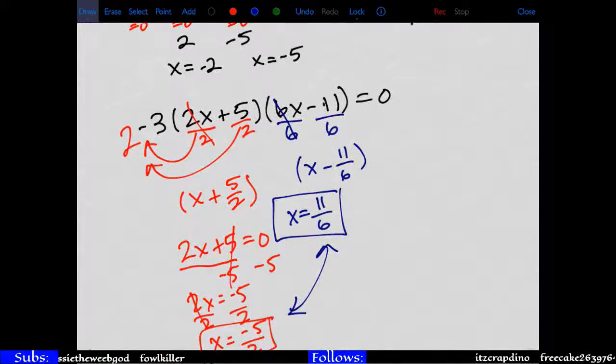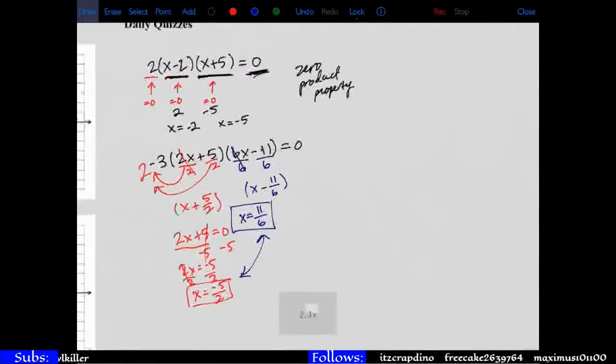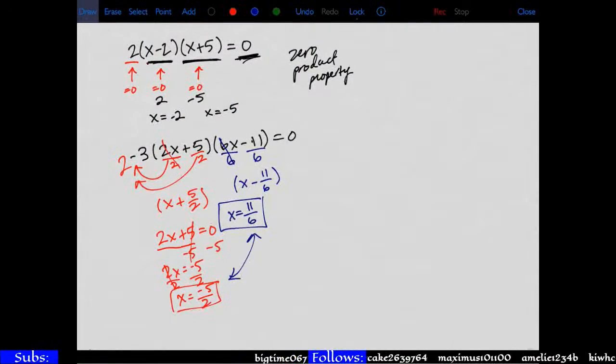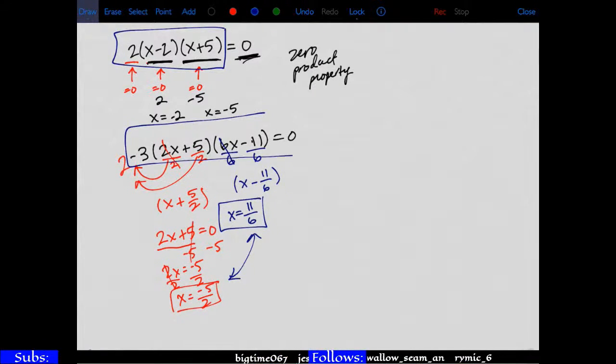That is solving in intercept form. The only other work you'd have to do is if your problem started in standard form and it said solve by factoring, you'd have to factor first to get to these equations right here. And before you'd factor, you'd want to make sure it was already equal to 0.